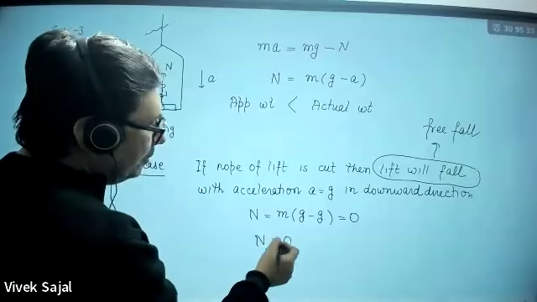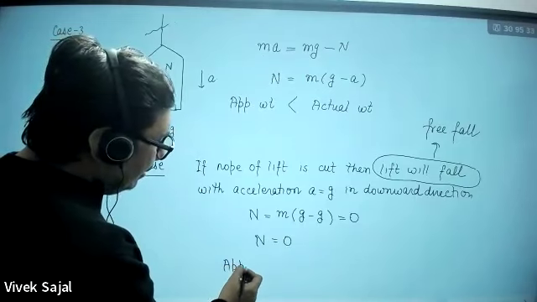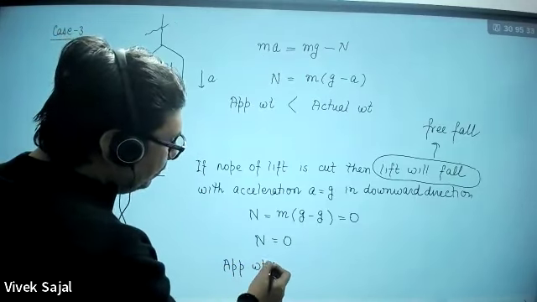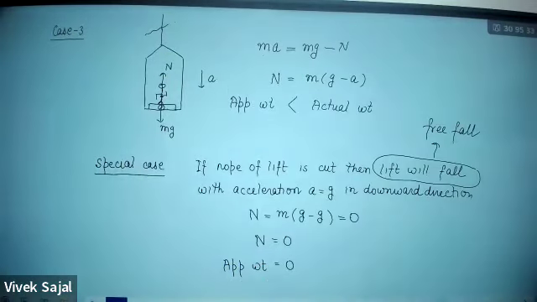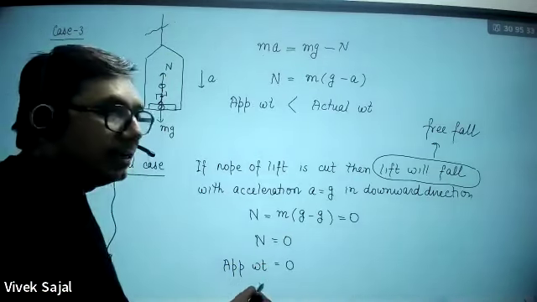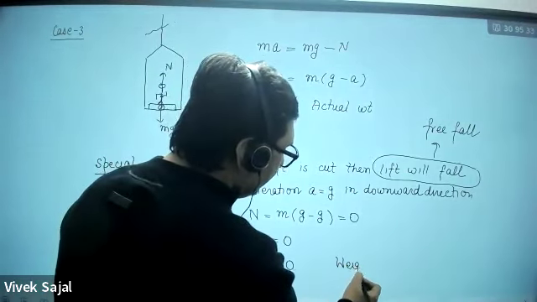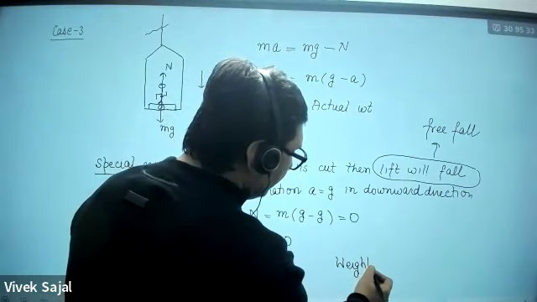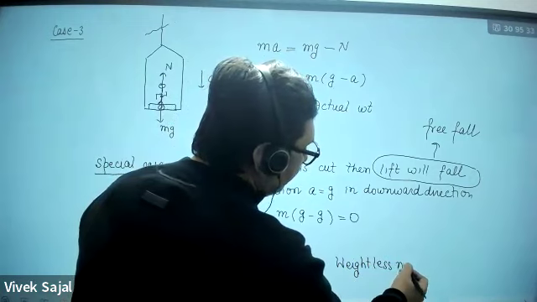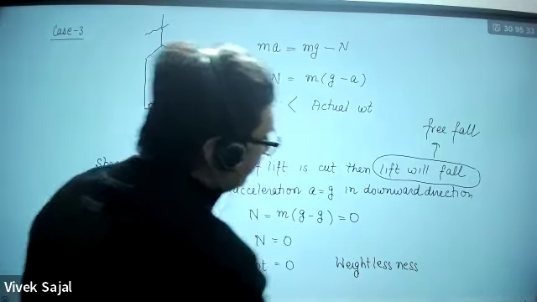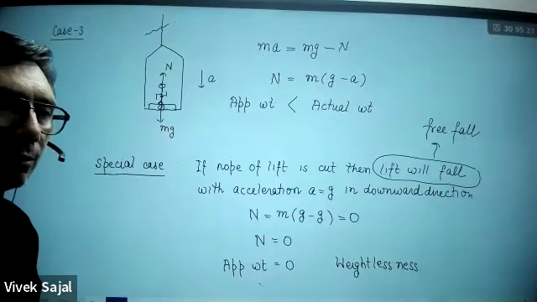N will be 0. So the apparent weight here is 0. And this is the situation of weightlessness. Okay.